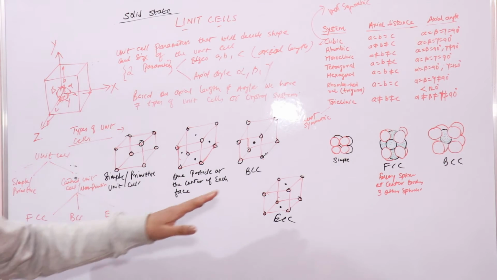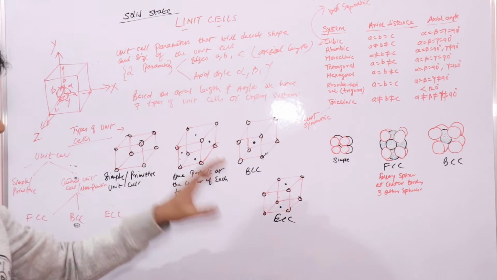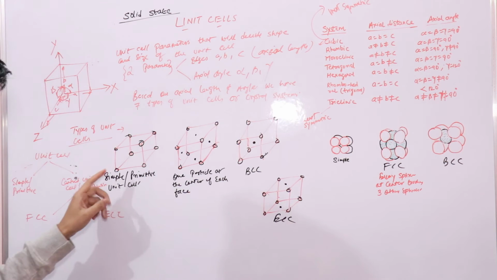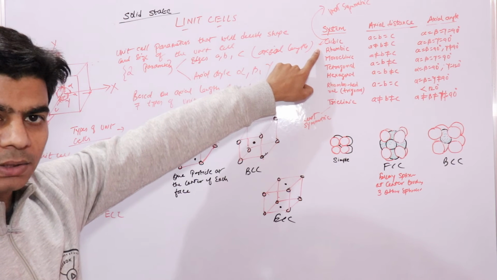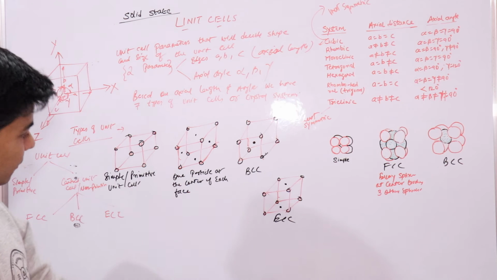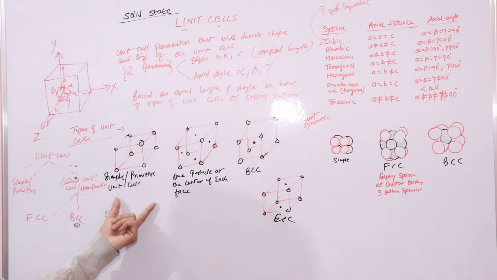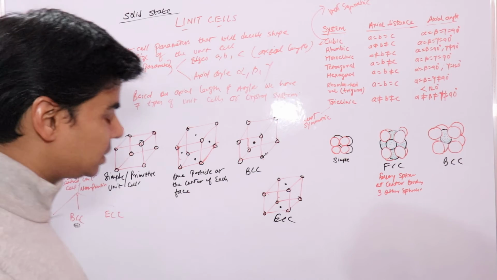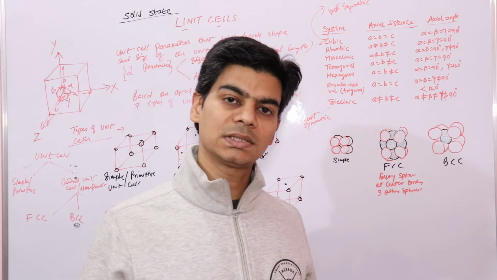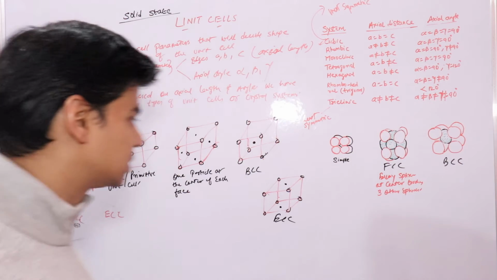So in this cubic crystal system, the particles can be arranged in 3 different ways, right? Simple primitive, face centered, and body centered, right? So the different ways in which particles can be arranged in a crystal system, right, is known as Bravais lattice, right?